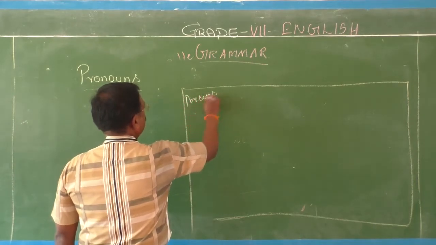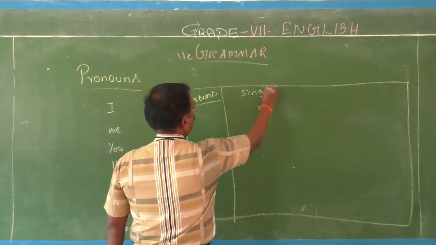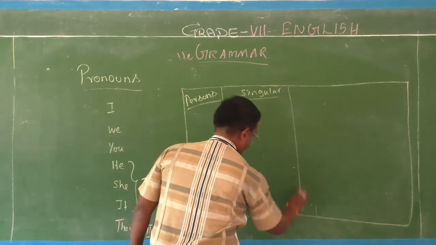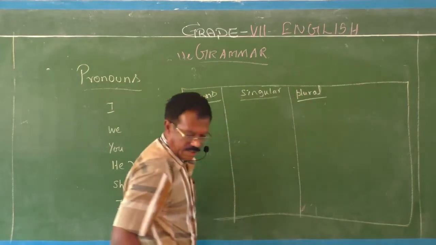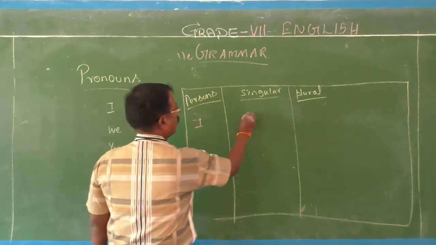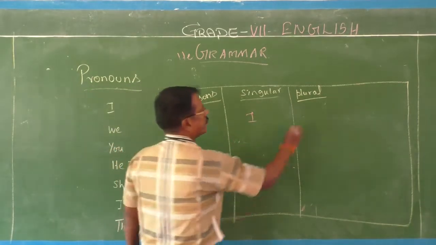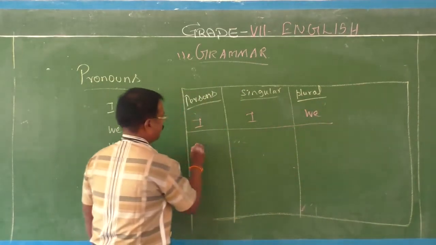Persons, this is singular, this is plural. Okay, children? First person: singular, I; plural, we. Then second person.